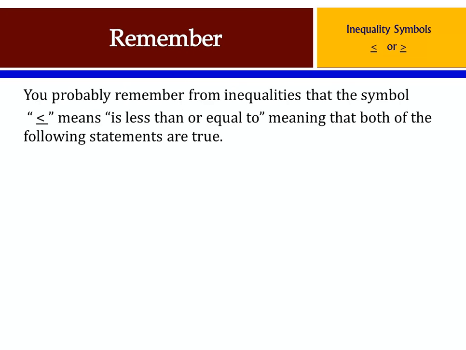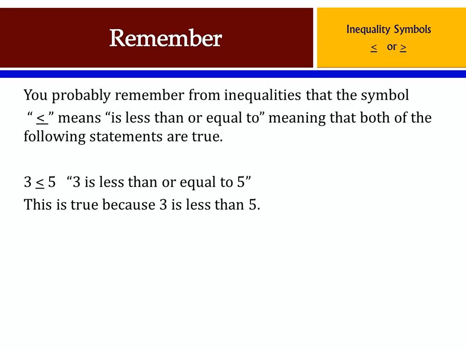So you probably remember from inequalities that the symbol that looks like this, a sideways V with an underline, means is less than or equal to, meaning that both of the following statements are true. 3 with that symbol is read, 3 is less than or equal to 5.